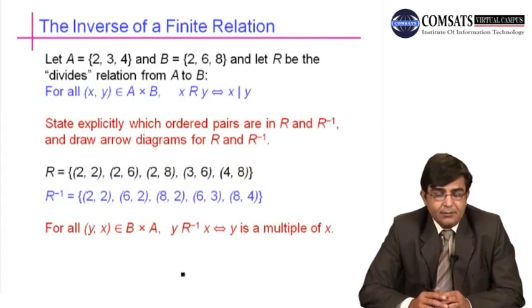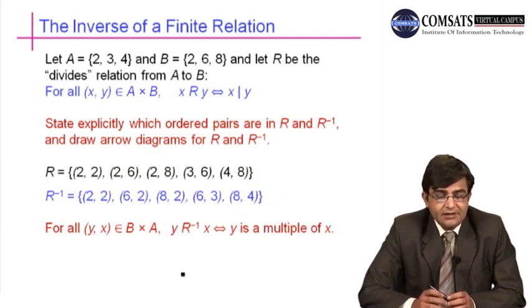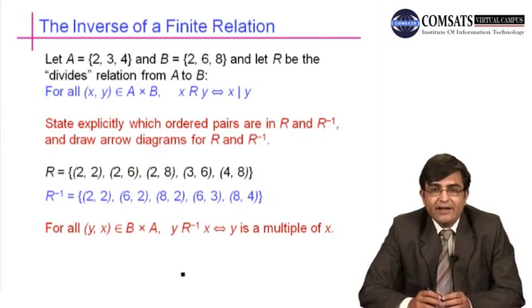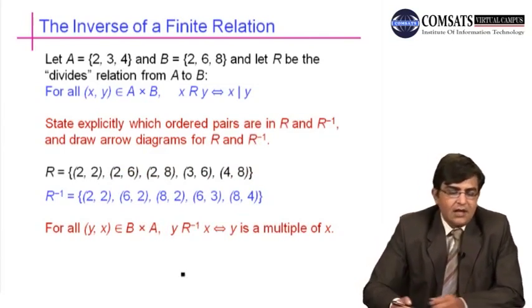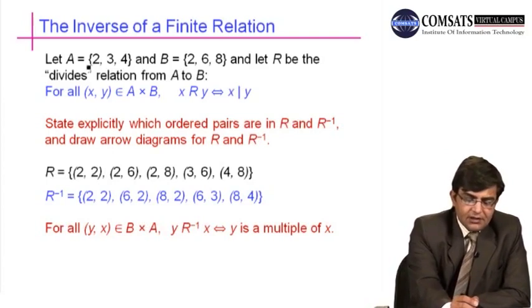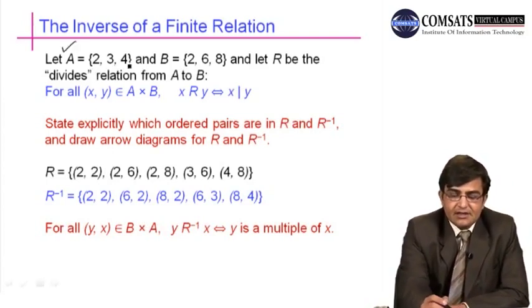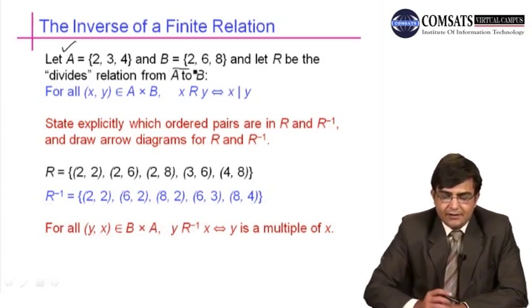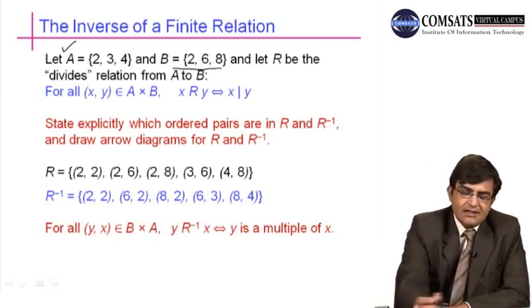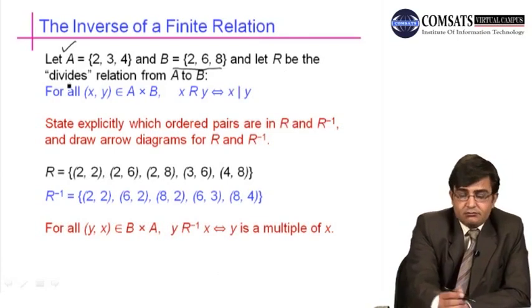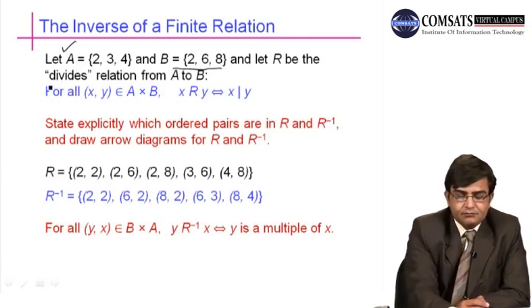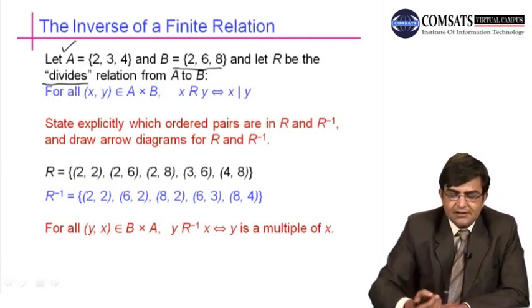We take an example of the inverse of a relation. In this example, we choose finite sets. Let A be the set which contains 2, 3, 4, and B the set which contains 2, 6, and 8. And let R be the relation divides.